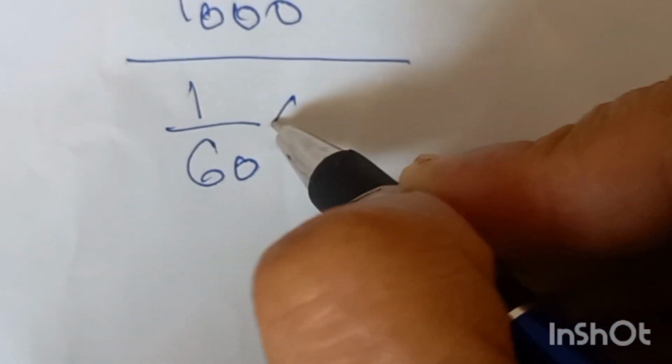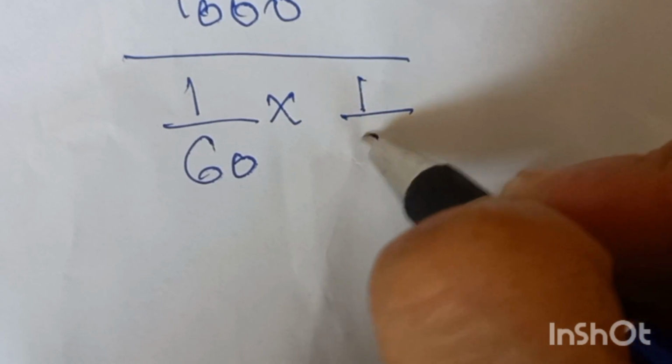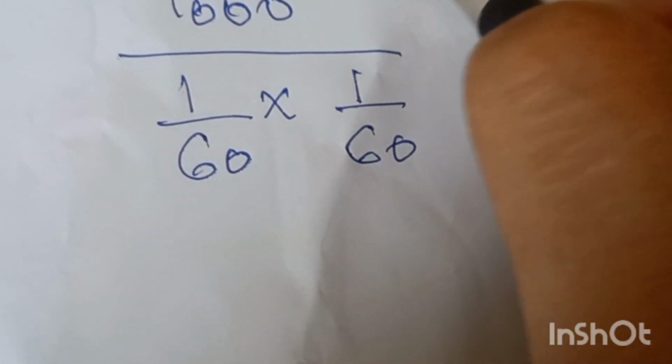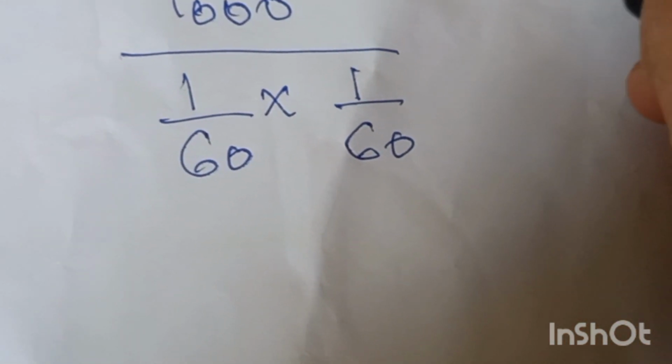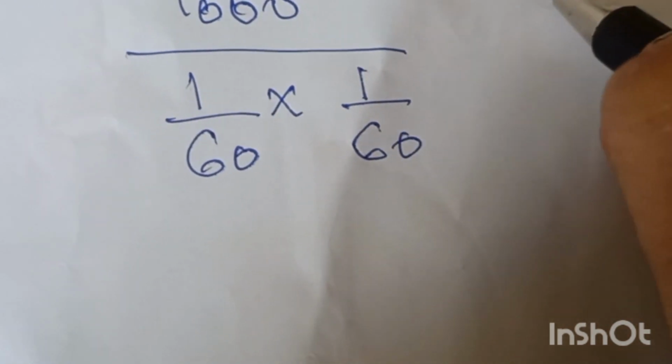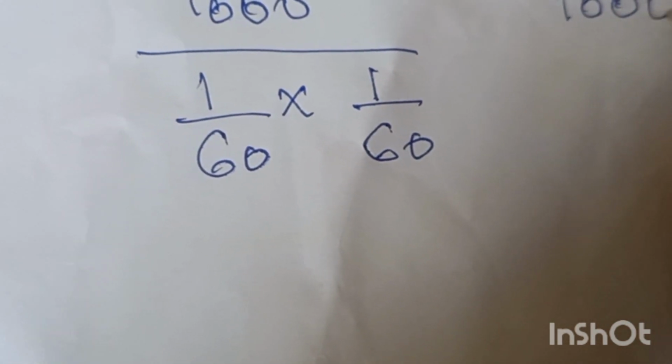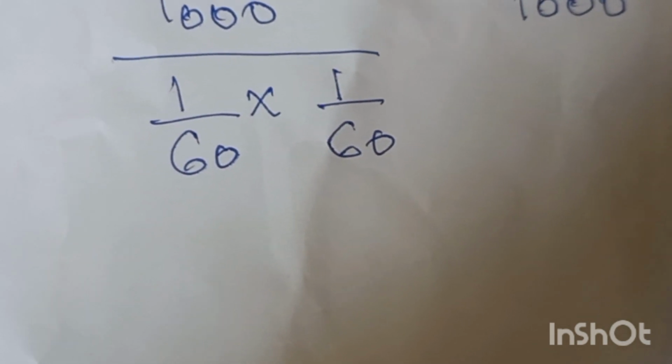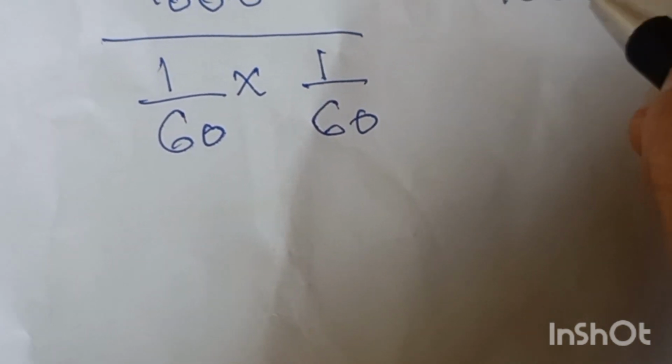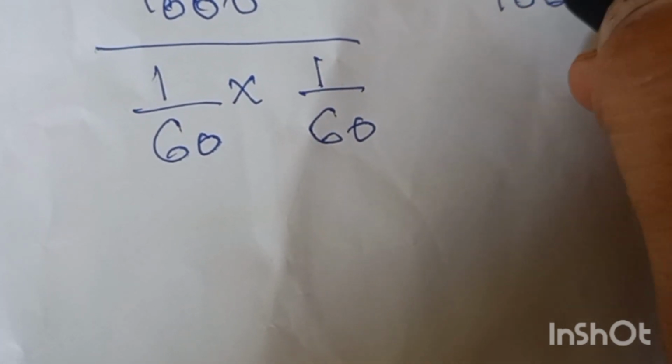Which is equal to 200 divided by 1000 into 3600. So 2 zeros will cut off.